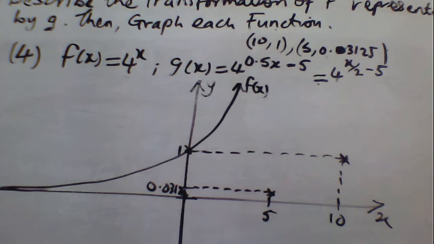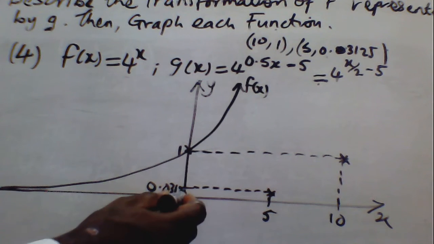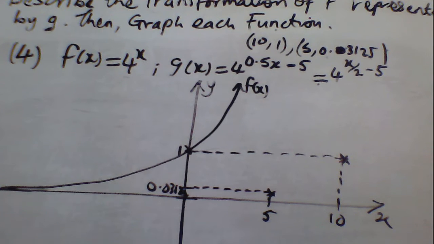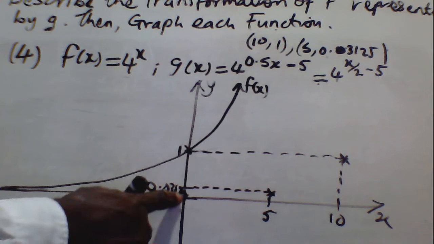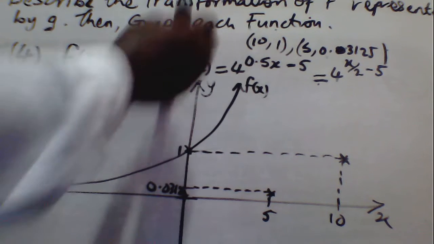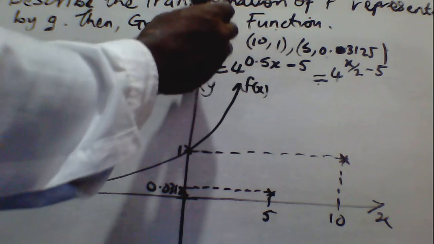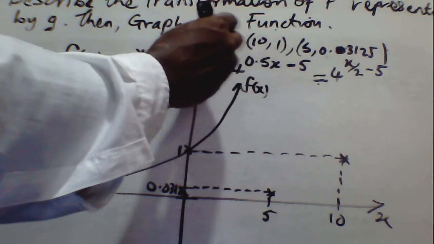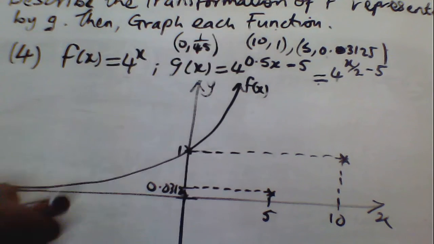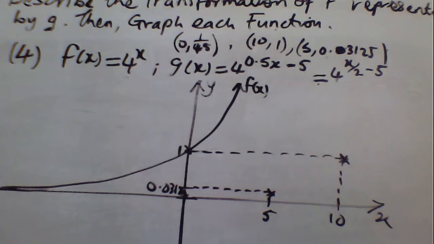You draw another one here, and the one we have here is very significant, when s is equal to 0. That is when s is equal to 0, we have 1 over 4 raised to power 5 somewhere here.